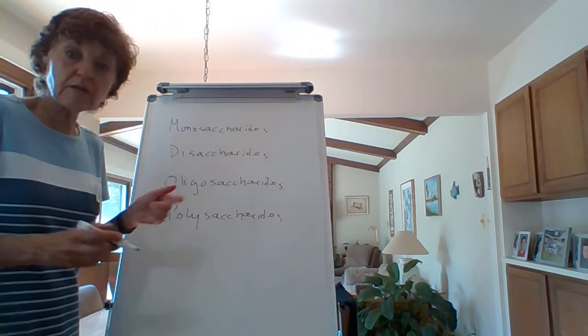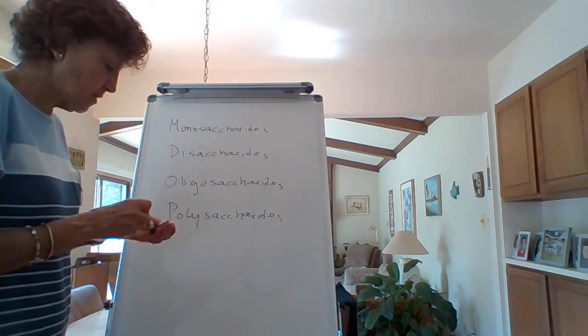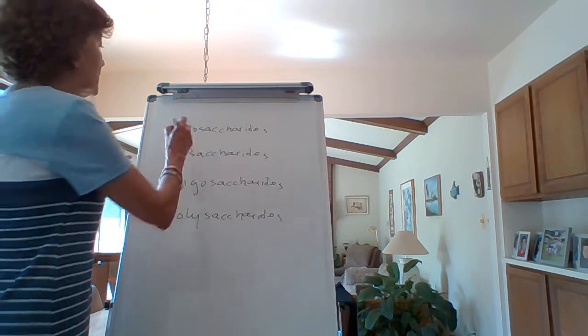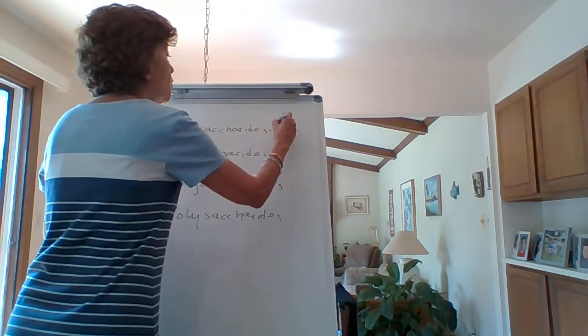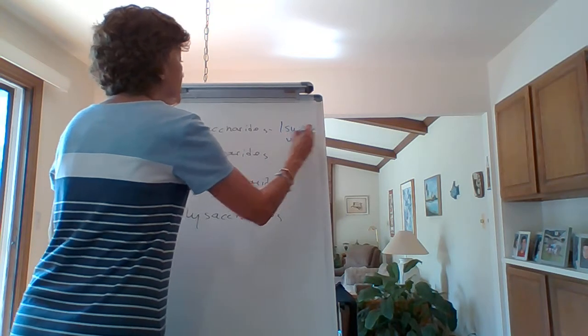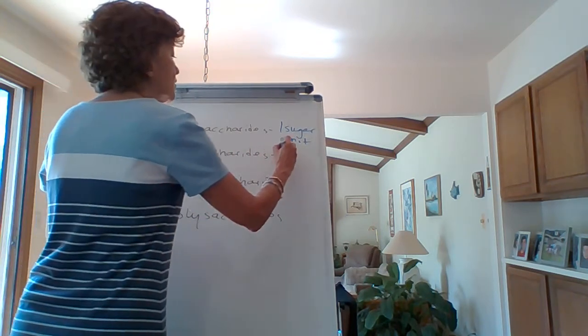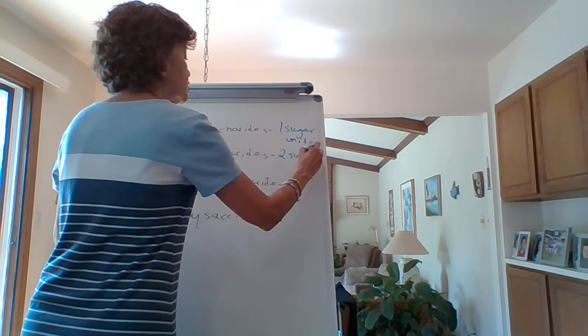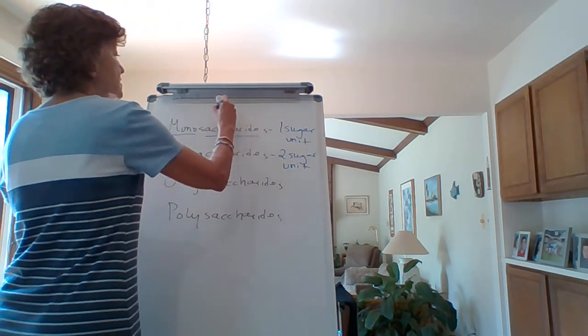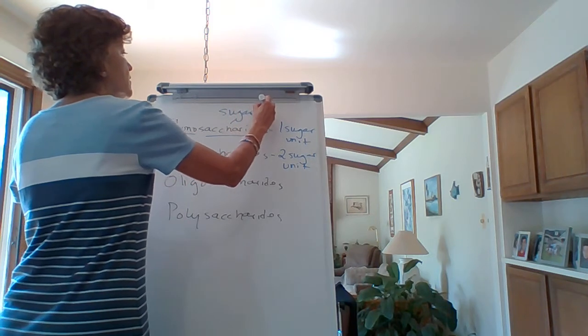Just from the prefixes here, you could see that mono just means one sugar unit. Di means two sugar units. The word saccharide just means sugar unit.